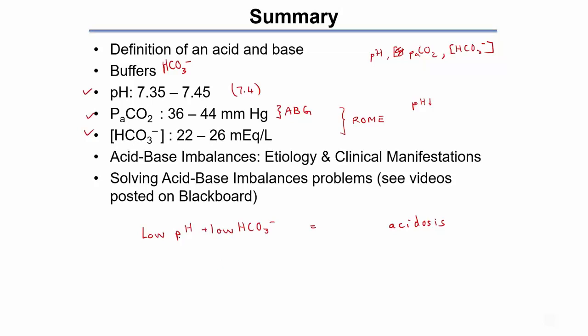Both low. Use the ROME acronym: metabolic equal. That one's going down, that one's going down, so it's metabolic. It has to be metabolic acidosis. The reason bicarbonate is going down is because you have too much of all the other acids in the body, and it's buffering all the metabolic acids. You'll end up with metabolic acidosis.